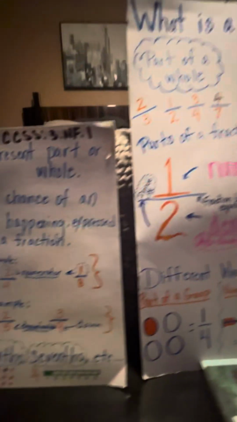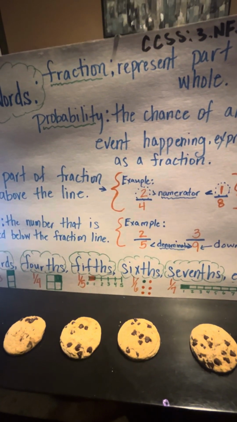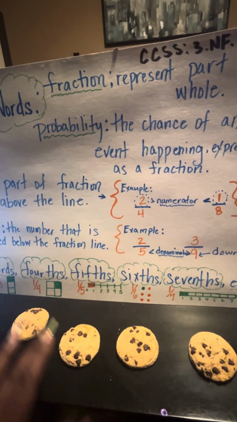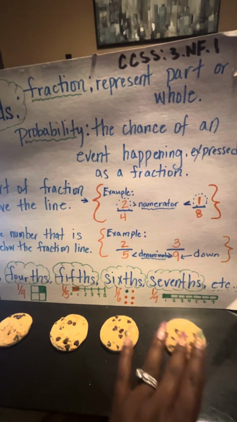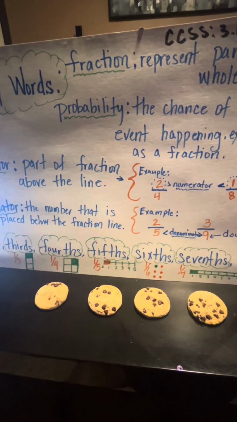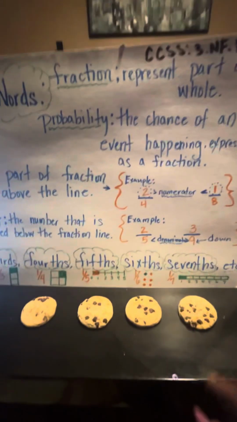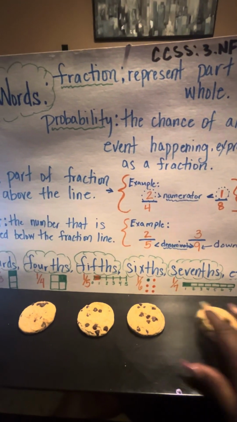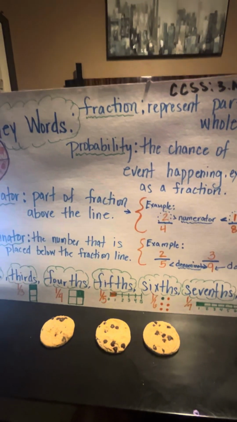So if we defer back to our cookies. So if we say 1, 2, 3, 4, this makes one whole pack of cookies, 4 cookies in one pack. If I gave Thomas 1 cookie out of the pack, would I still have a whole pack of cookies?